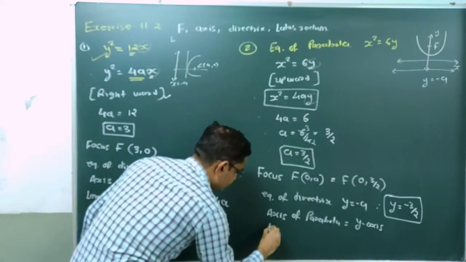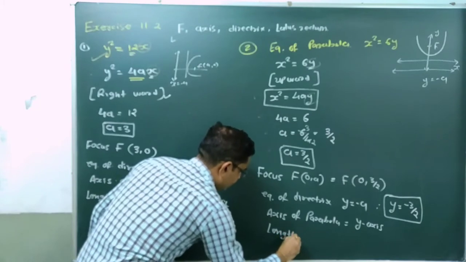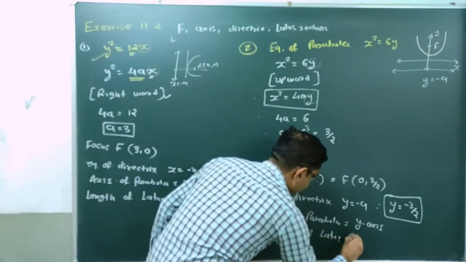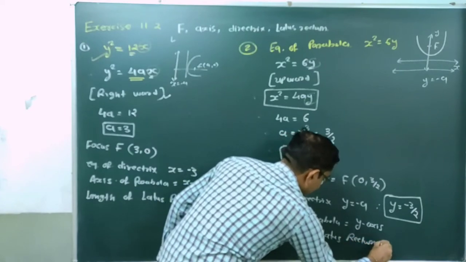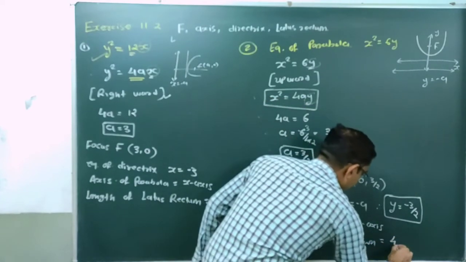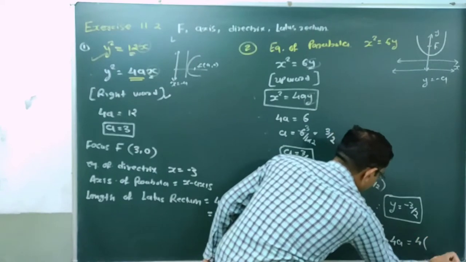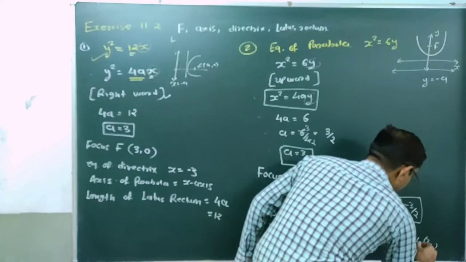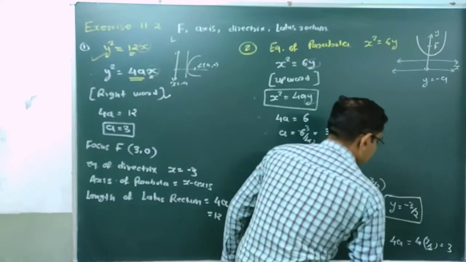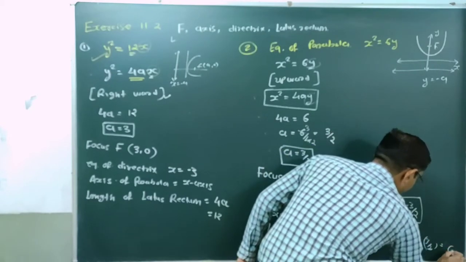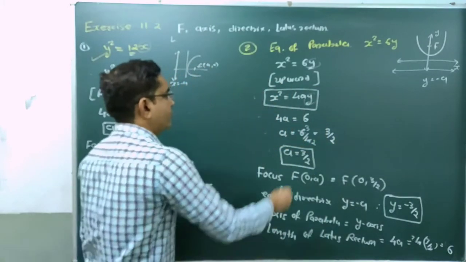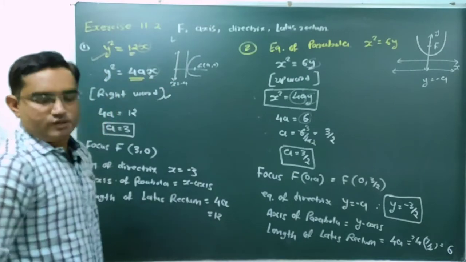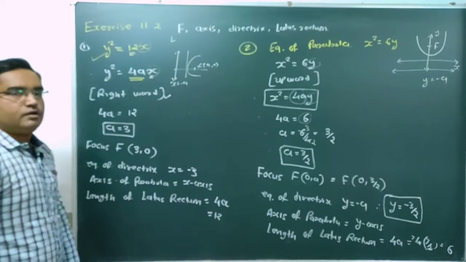Fourth one, we have to find the length of latus rectum. Length of latus rectum is 4a. It's 4 into a, a is 3 by 2, that is equal to 6. So length of latus rectum will be 6. Clear, students? So this is how you can solve your question number 2.